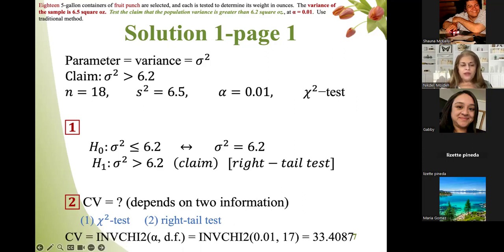The critical value is inverse chi-square of alpha and degree of freedom. That is inverse chi-square of 0.01, your alpha, and the degree of freedom. N was 18, so degree of freedom is n minus 1, which is 17. Enter it in the program that I gave you: 33.4087.